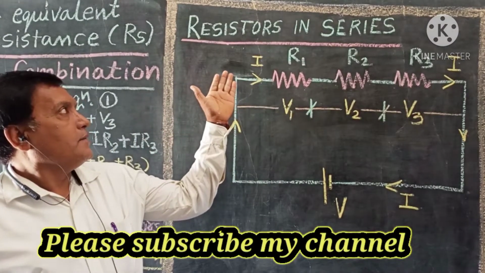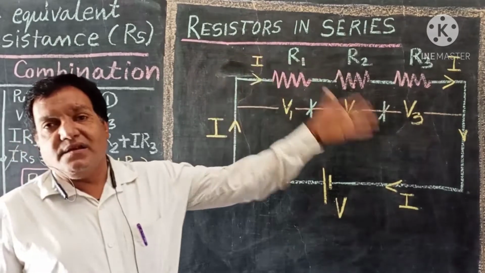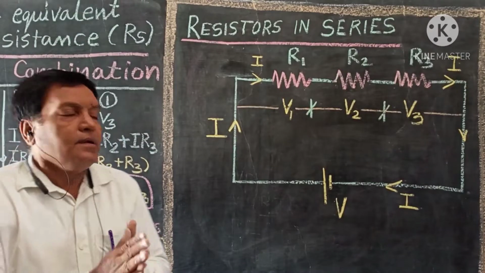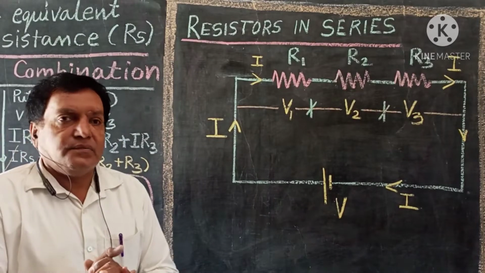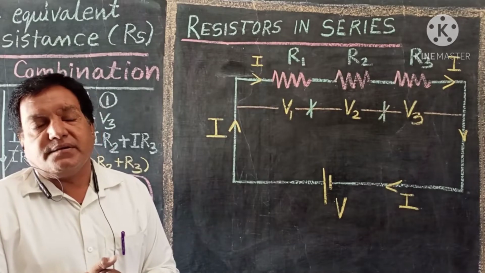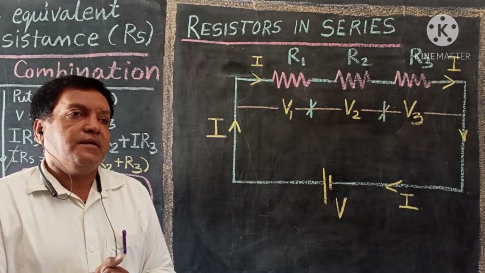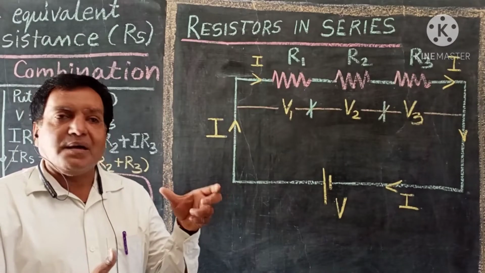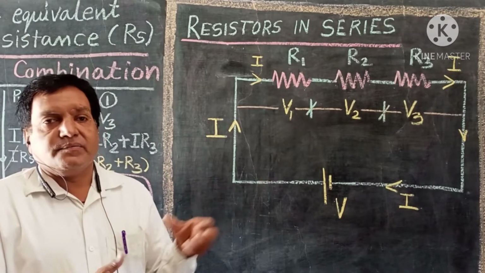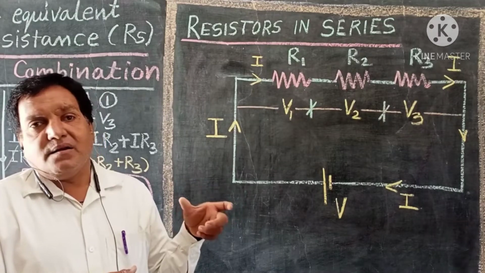Today we have to discuss resistors in series. First, I will tell you that resistors are connected in two ways in an electric circuit. First is resistors in series, and second is resistors in parallel.